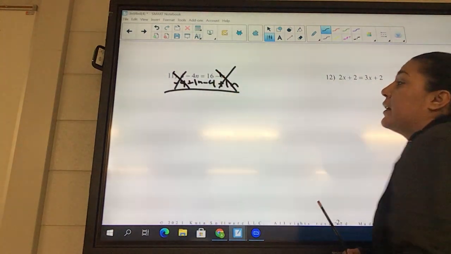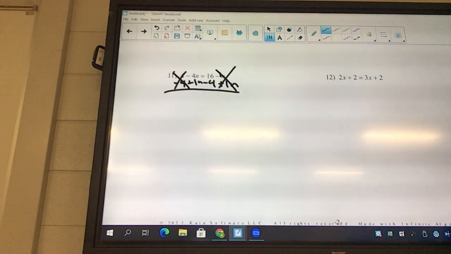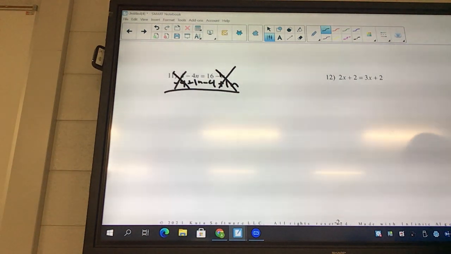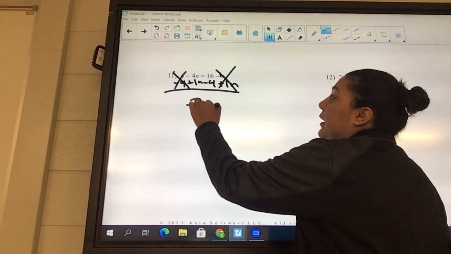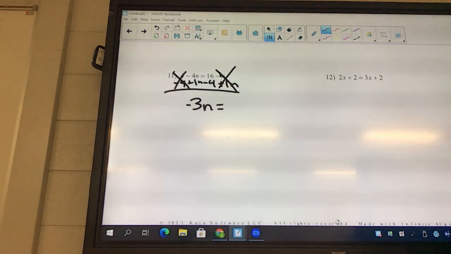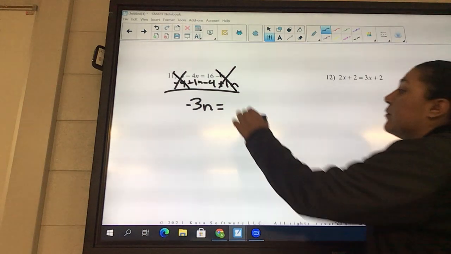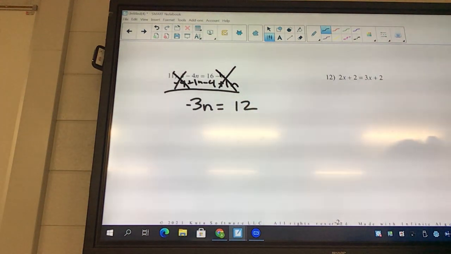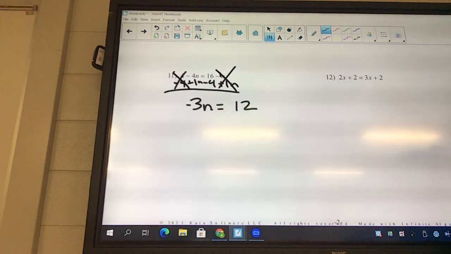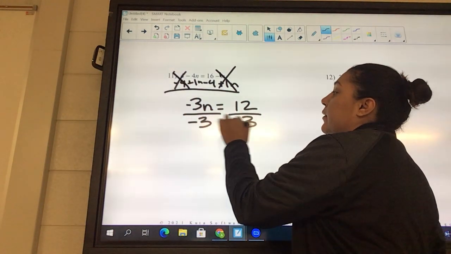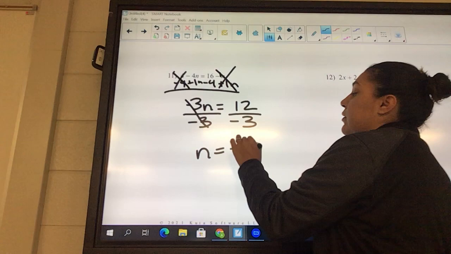And so these ones cancel. So I've got a negative 4 plus 1. It's going to be negative 3n. And then I've got a 16 minus 4. And then what's our last step always? Divide by negative 3. So I'm going to have n equals negative 4.